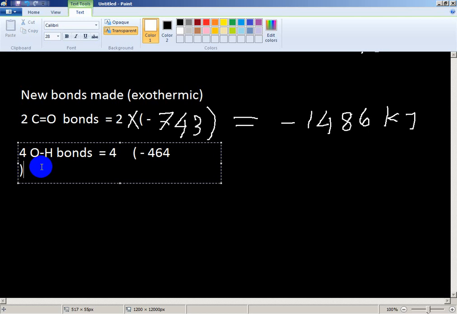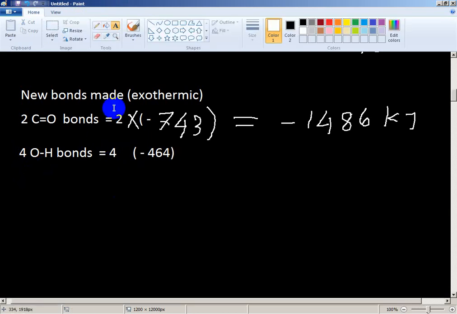Here will be the multiplication sign. So what is the total amount? 1856 kilojoule.